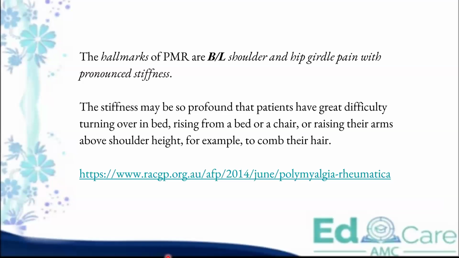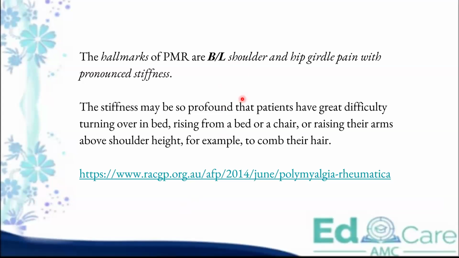So we'll do something on PMR. So again, polymyalgia rheumatica is a common question that has been asked in the past, right? So the hallmark is bilateral, that means it's symmetrical again, right?